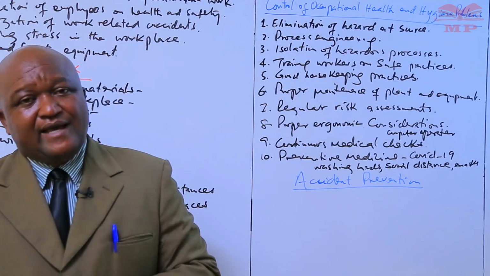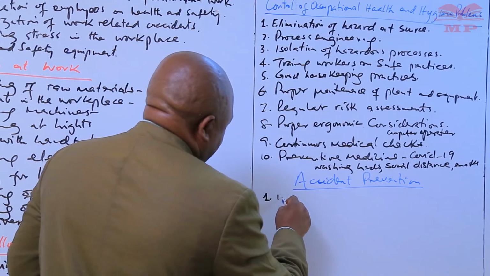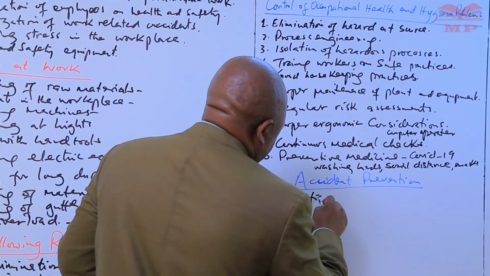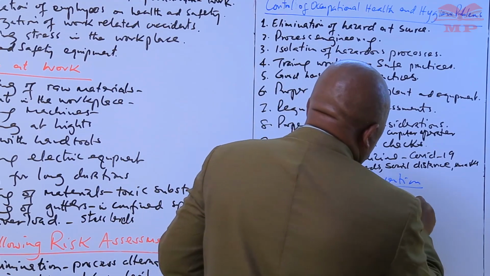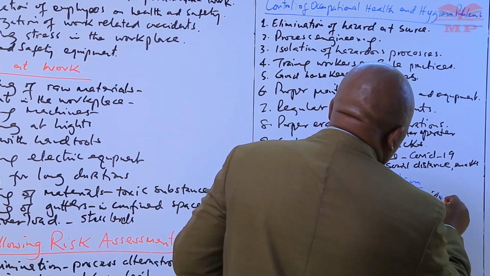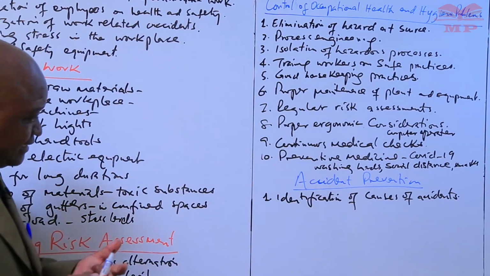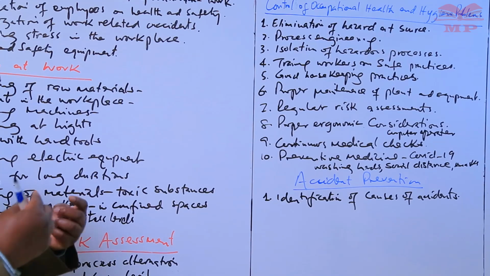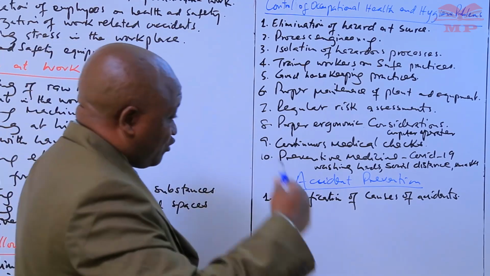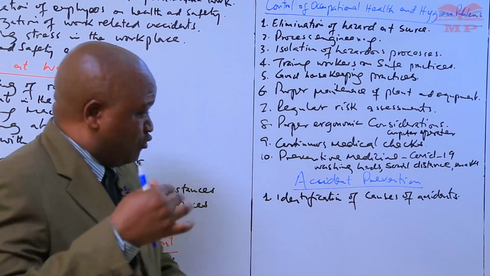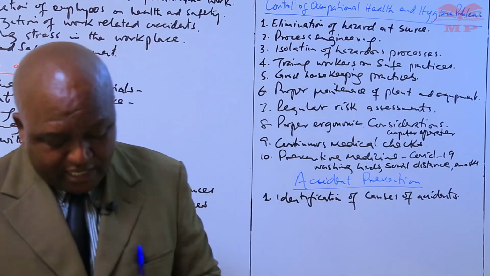For example, identification of causes of accidents. So because accidents are inherent in our work environment, measures must be put in place to try and identify what are some of the probable causes of accidents. And then once that is put into consideration, intervention measures can be constituted.